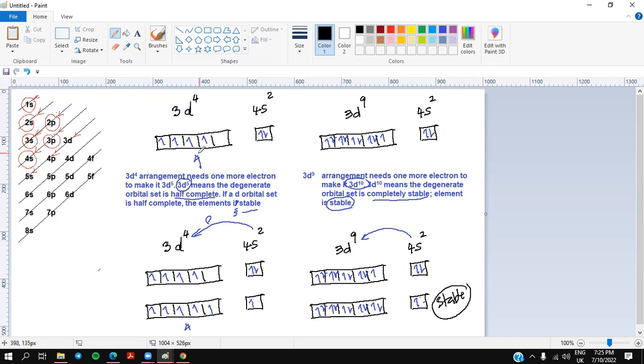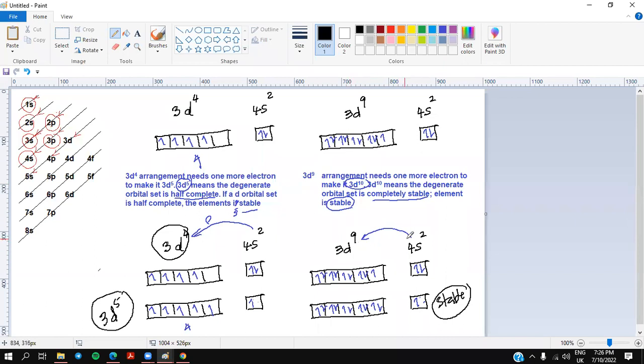Therefore, whenever you see a 3d4 4s2 configuration or a 3d9 4s2 configuration, they will change. From the 4s2 orbital, one electron is taken to 3d4, so 3d4 changes to 3d5, which is stable, and 4s becomes 1.